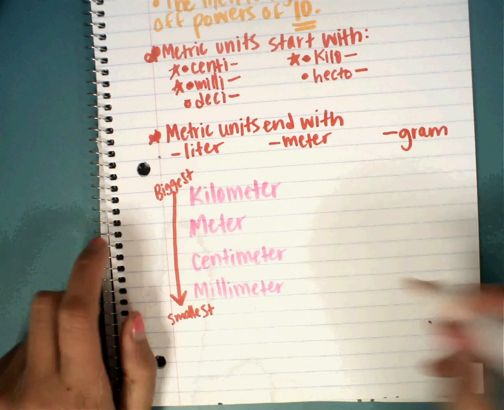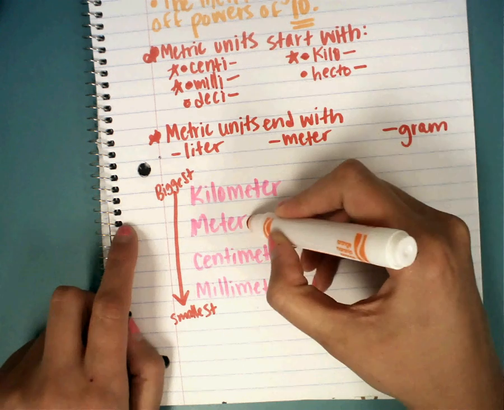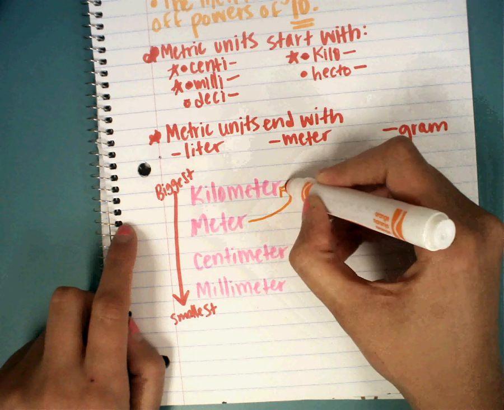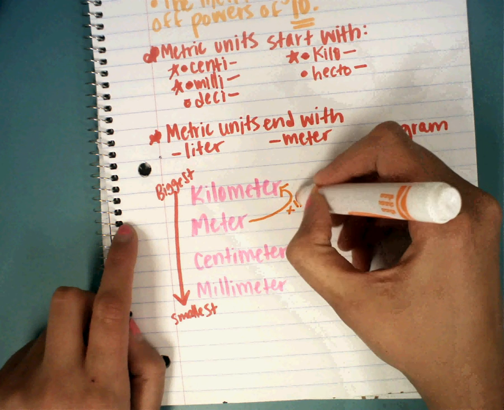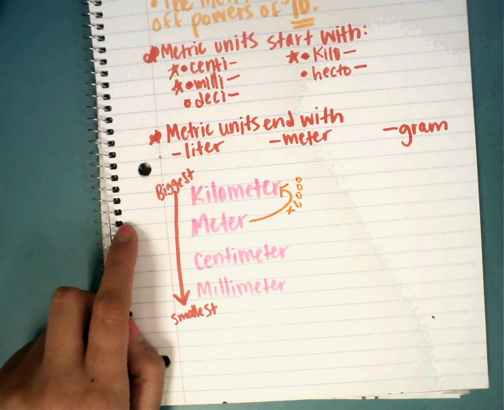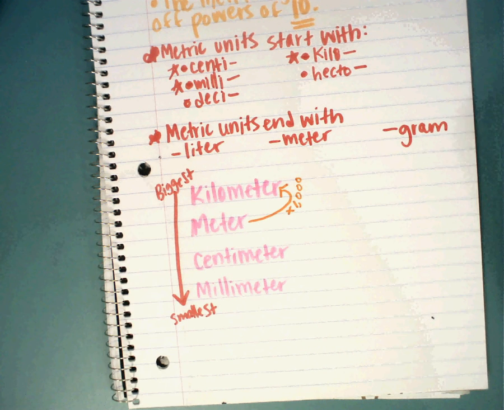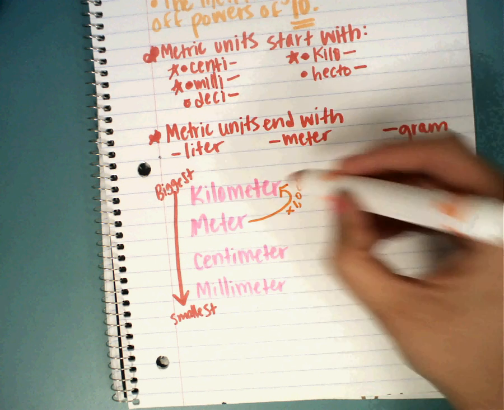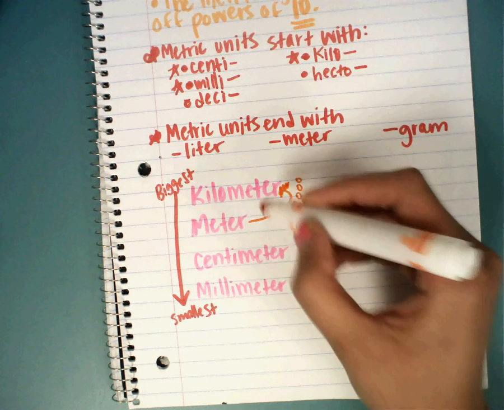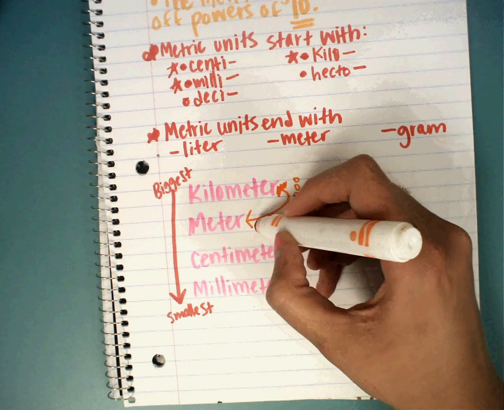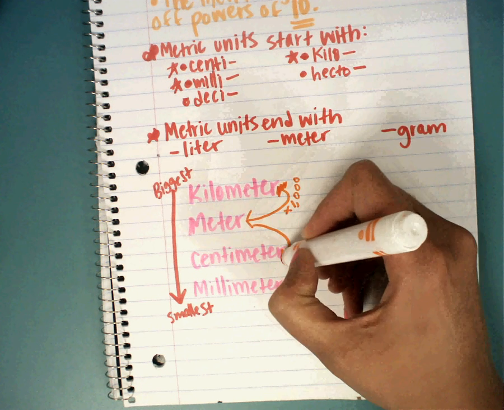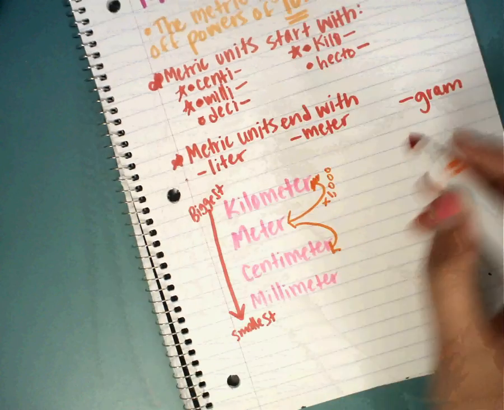To get from kilometers to meters, I'm going to multiply times 1,000. To get from meters to centimeters, I'm going to multiply times 100.